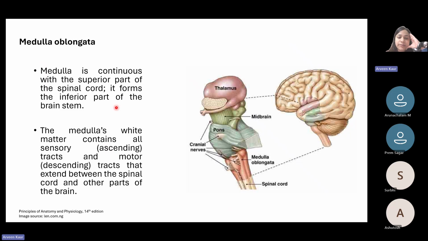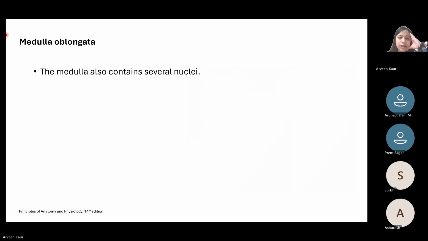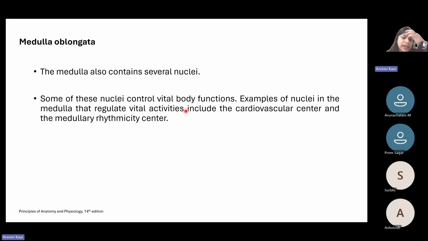So it is towards the bottom of the brainstem and towards the top of the spinal cord, is what it means. The medulla's white matter contains all sensory tracts and motor tracts that extend between the spinal cord and other parts of the brain. It also contains several nuclei. Nuclei basically means collections of cell bodies of neurons. Some of these nuclei control vital body functions.